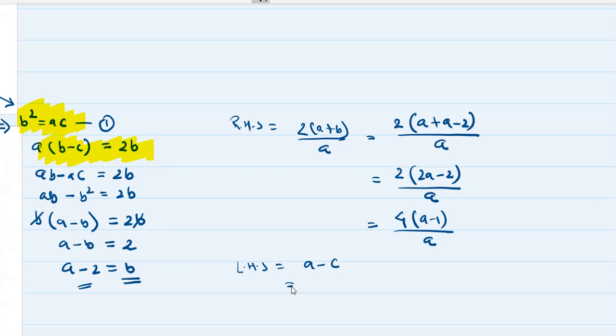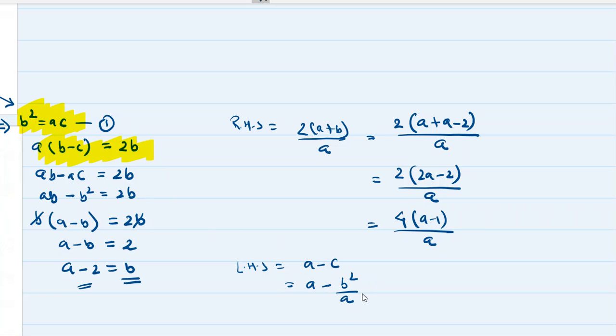A minus C. Okay, we can put the value of C over here. C is B square by A. Right?